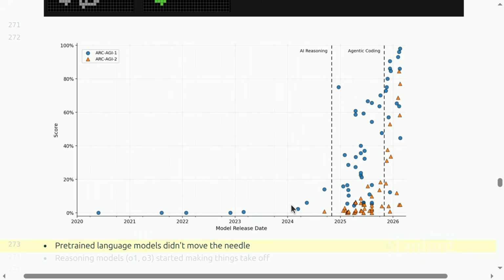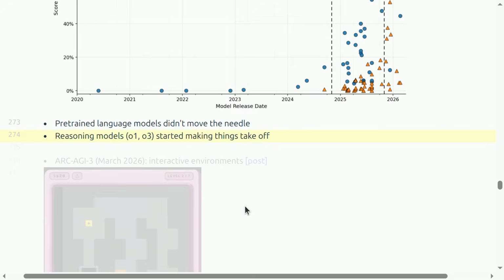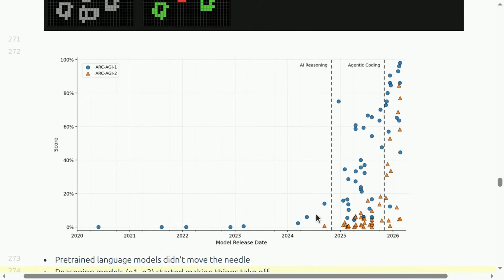Pre-trained models just learn what the facts are on the internet and maybe learn linguistic patterns, but none of that is actually helpful directly, at least, for these ArcAGI tasks. And then something happened in 2024, when OpenAI released their O1 and O3 models. Then things started taking off pretty abruptly.